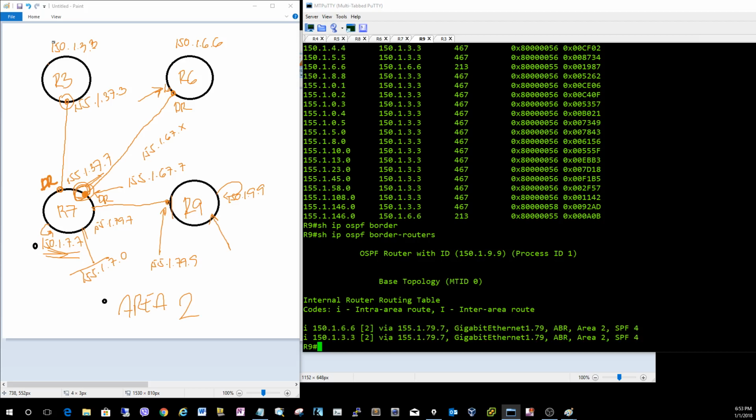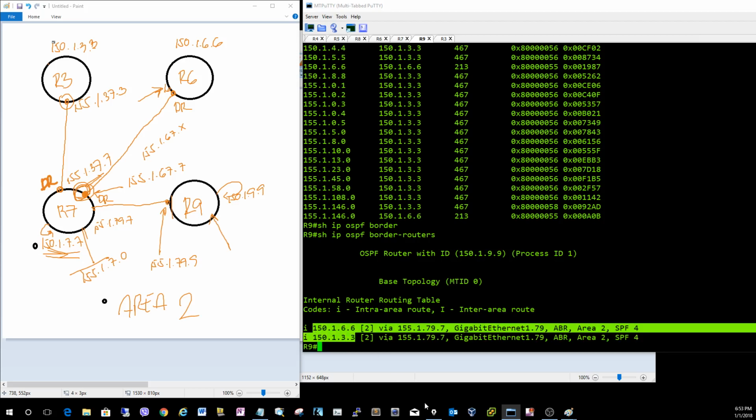From router 9's perspective, I can see 2 border routers, which are 6.6 and 3.3, which means they are participating in some other area, whatever that is. It can be area 0, it can be something else, we don't know. The only way for us to know would be to log into that router and continue mapping out, running our show commands in order to figure out what the topology looks like for this particular network.